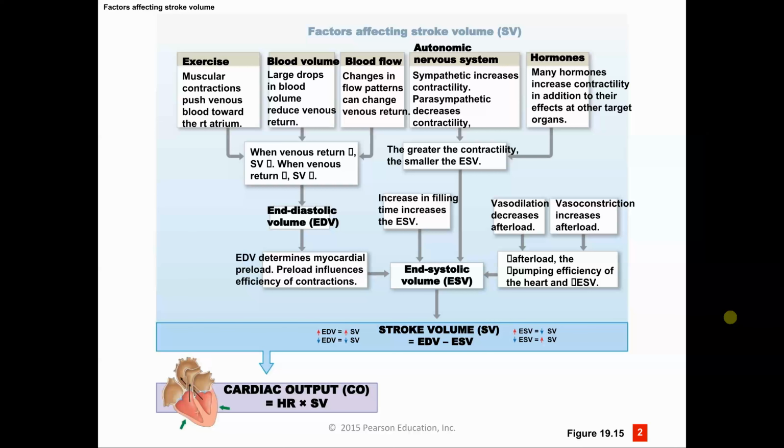So vasodilation is going to decrease the afterload because there's less back pressure from the pulmonary trunk and the aorta that needs to be overcome by the ventricles. Okay. So vasoconstriction makes those vessels smaller, it's harder to push against them, and so you're going to leave more blood in the heart. Okay. So it's kind of like backlogging the heart, so it's not able to push as much blood out. Does that kind of make sense?